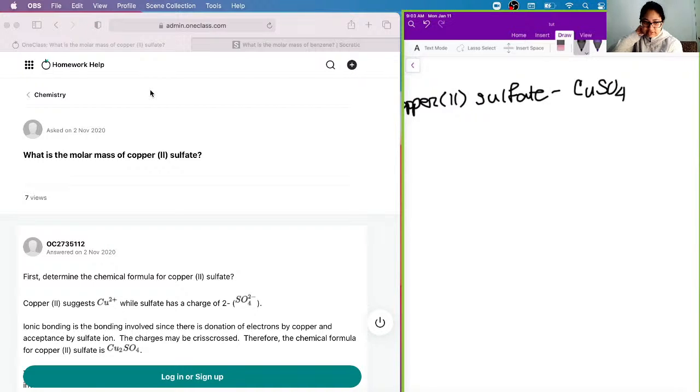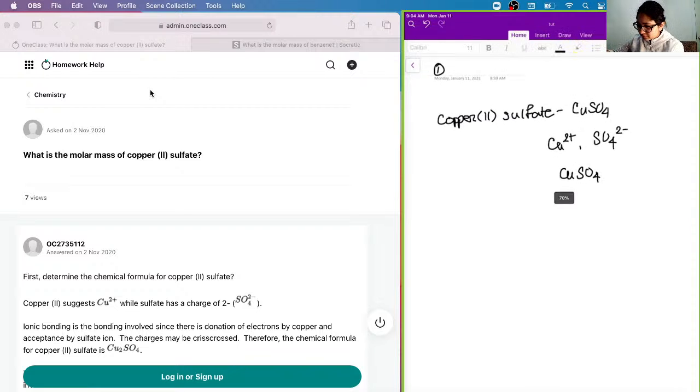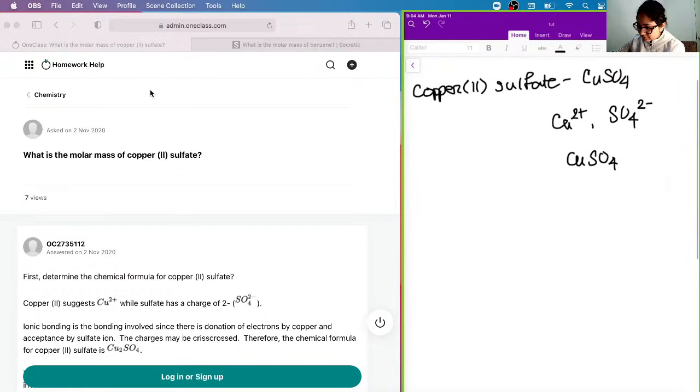Okay, and so in this case, you can see since it's copper 2, we know that we're using copper 2 that has a charge of 2 plus, and we know that our sulfate ion has a charge of 2 minus, right? So when you combine these two, you get copper sulfate. And so this is your chemical formula for copper sulfate, and now we can find the molar mass.